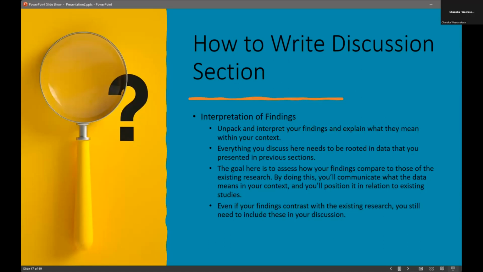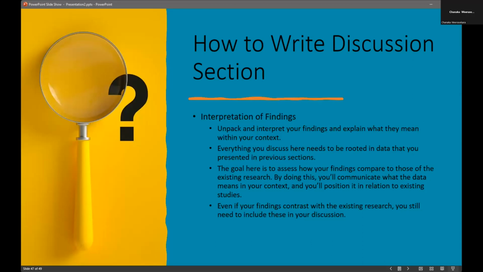So that's why we connect our findings with the previous findings, and then compare and contrast with them, right? Even if our finding is not in line with others' findings, previous authors or scholars, we have to report it, because we still need to include these in the discussion.